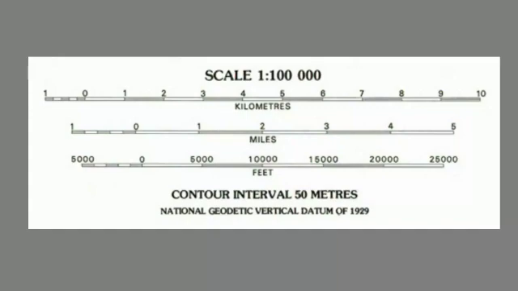For example, if the scale is 1 centimeter is to 500 meter, that means that 1 centimeter on the map is equal to 500 meter on the ground. If the area is larger, then the scale can be represented in larger units.